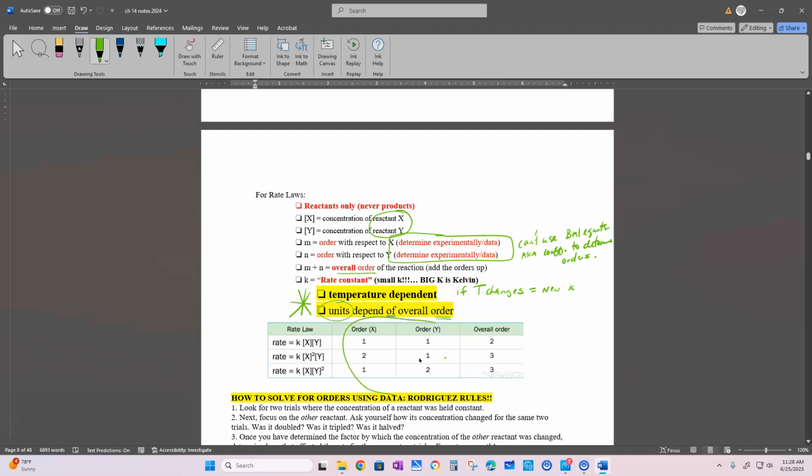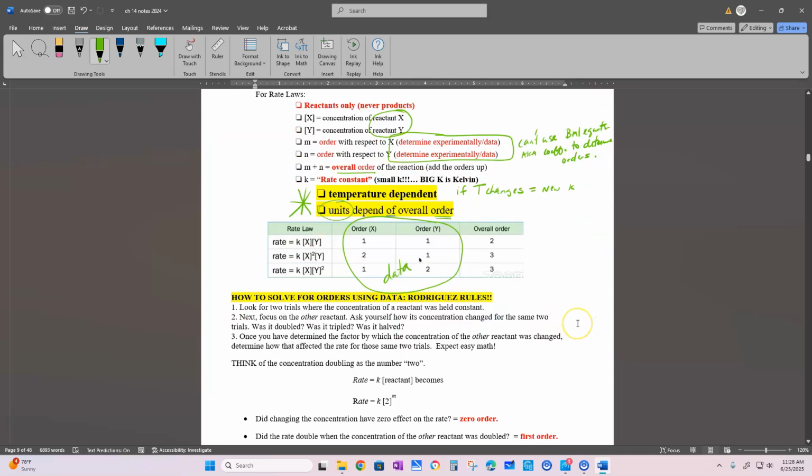But these values, you need data. So how do we determine this? So I have a simple way, and I call it Rodriguez rules. You have to look at data as in two trials, where the concentration of one reactant is held constant. Okay, so one of the reactants' concentration has to stay constant.